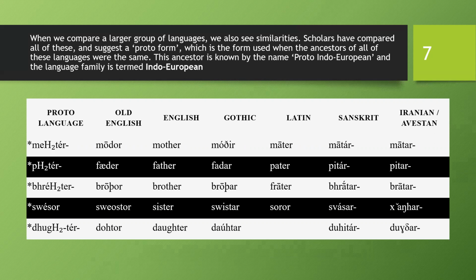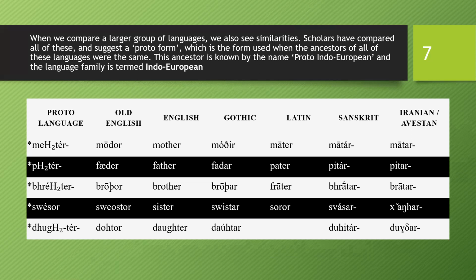So look at the words for mother: modor in Old English, mother in English, modir in Gothic, mater in Latin, matar in Sanskrit, etc. These obviously are related to each other. And over on the left-hand side, there is what is known as the proto-form.